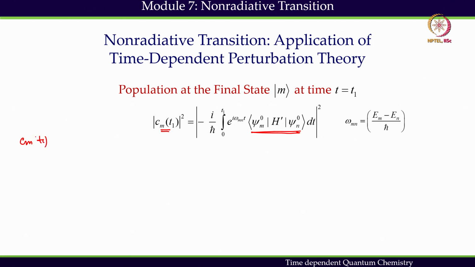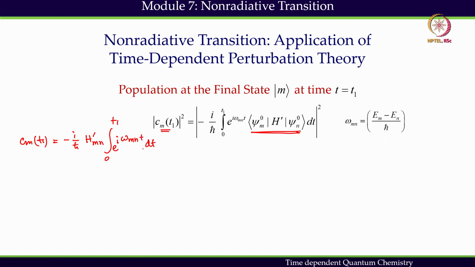Cm t1 is nothing but minus i by h cut, then this spatial integration part, this matrix element, and it will be taken out of the integration because the integration is over time, and this is e to the power i omega mn t, then dt.